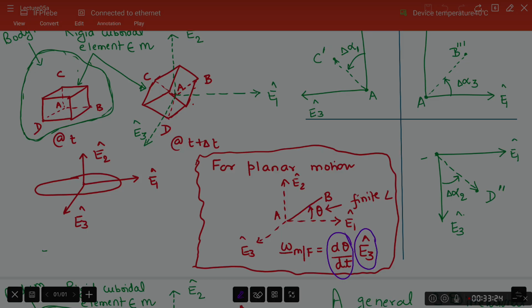But here this angle theta can be finite. So in the case of planar motion, the scalar component of angular velocity can be obtained by finding the rate of change of this finite angle itself.